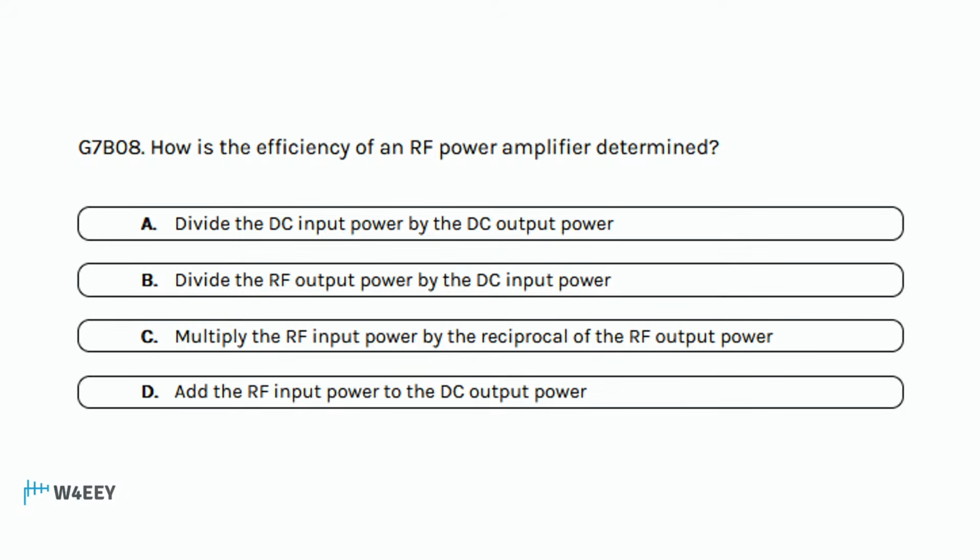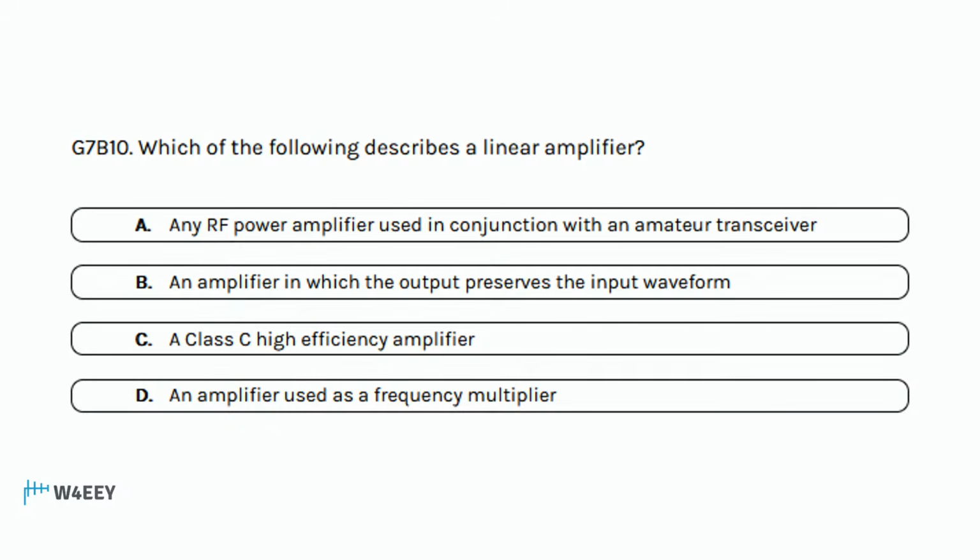Yeah, divide the RF output power by the DC input power. And which of the following describes a linear amplifier? Bravo. Yes, it's an amplifier in which the output preserves all of the original input waveform.